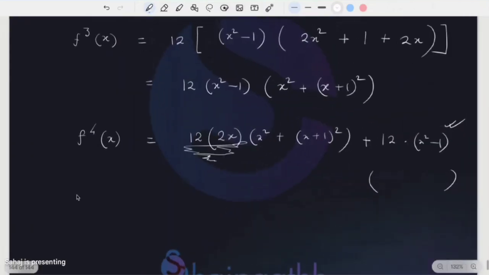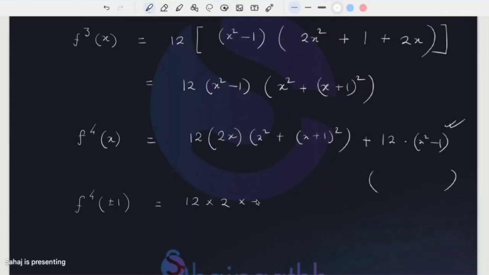So f4 at plus minus 1 equals 12 into 2 into plus minus 1, squared is 1, plus 1 plus 1 whole square. It could either be 2 squared or it could be 0 squared.